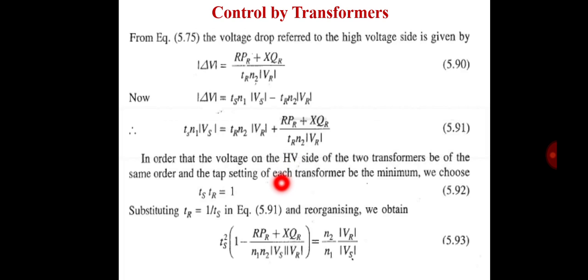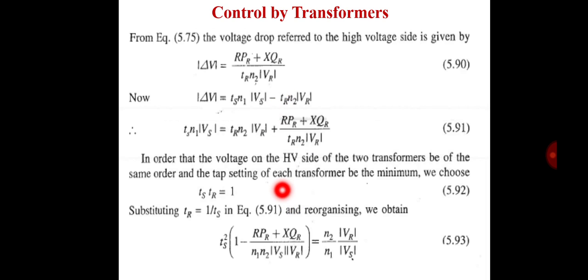In order that the voltage on the high voltage side of the two transformers be of the same order, and the tap setting of each transformer be minimum, we choose TR equal to 1 upon TS.